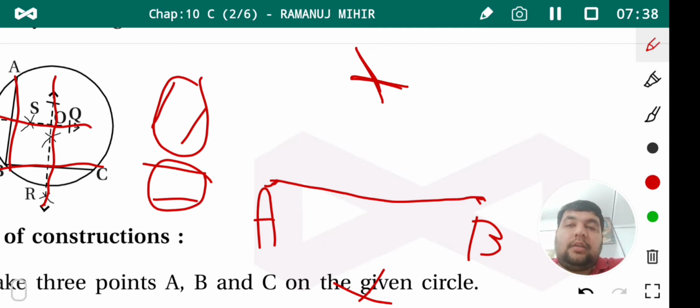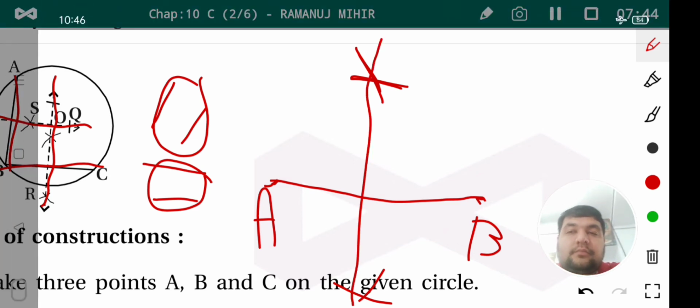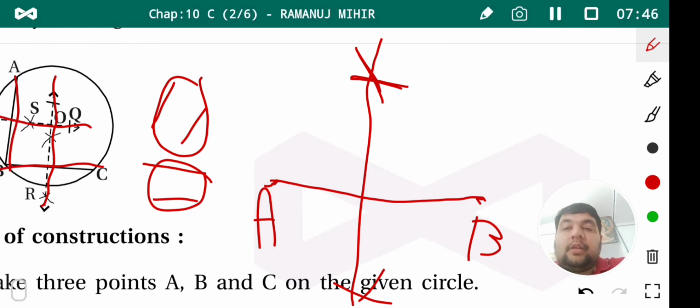When we have drawn both arcs, we will join them and that will be the perpendicular bisector. It means it will be perpendicular to the line segment and it will also divide the line segment into two equal parts. So that is known as the perpendicular bisector.